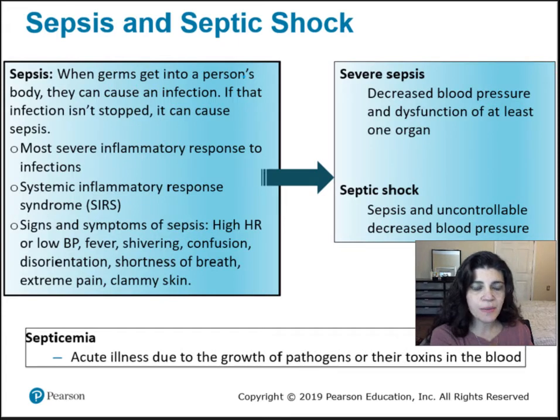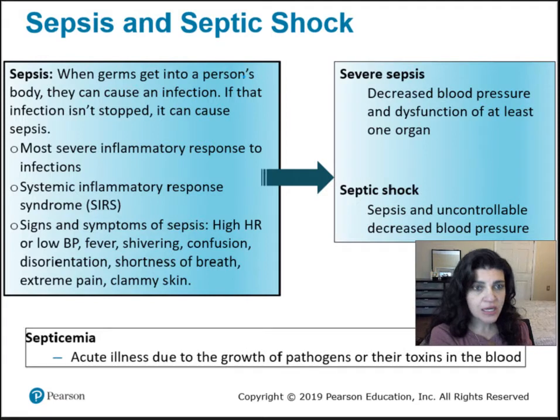If this persists, you can have a very severe drop in blood pressure, and that would cause dysfunction of at least one organ in the body. So when at least one organ is dysfunctional due to sepsis, you call it severe sepsis. Okay, so it's starting to affect your organs.